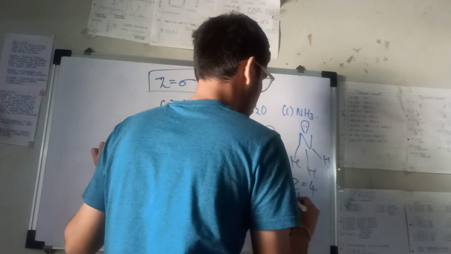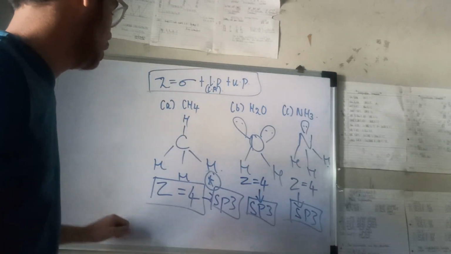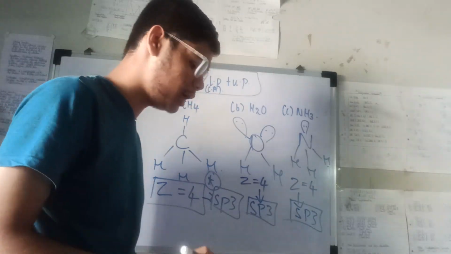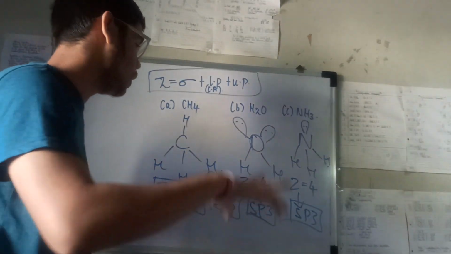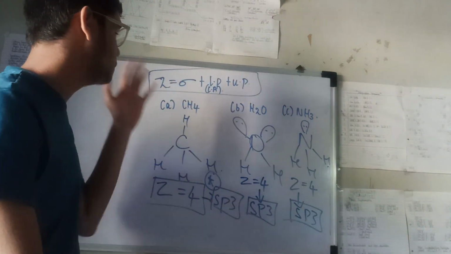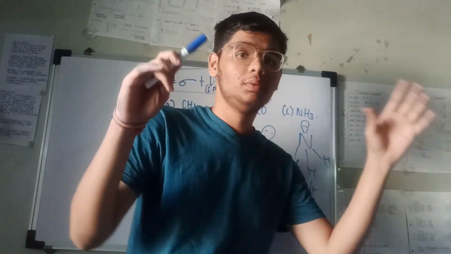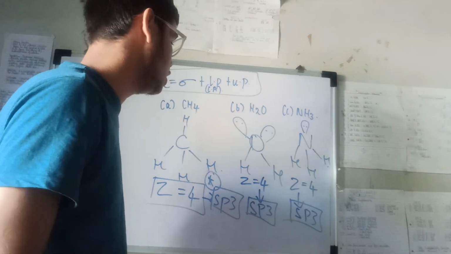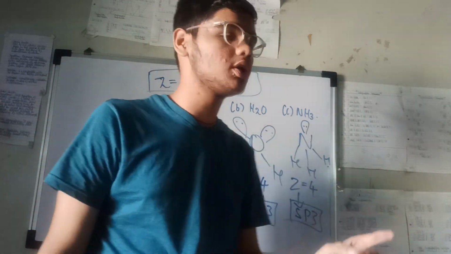So the Z of all three is the same, but the arrangement you can see is different because of this theory. VSEPR theory says the lone pair is making distortions in the structure.